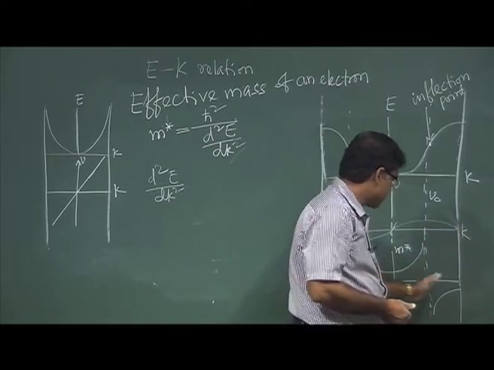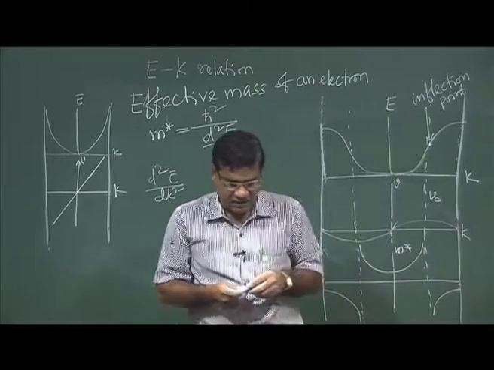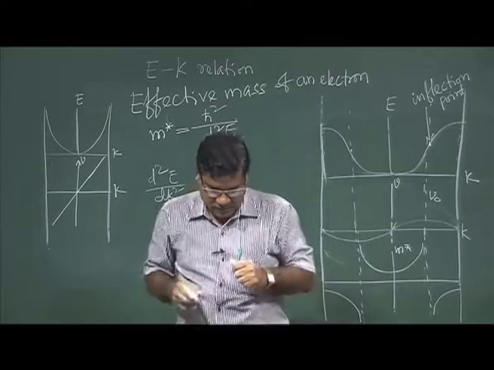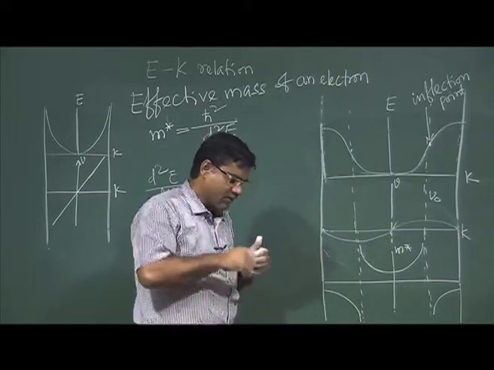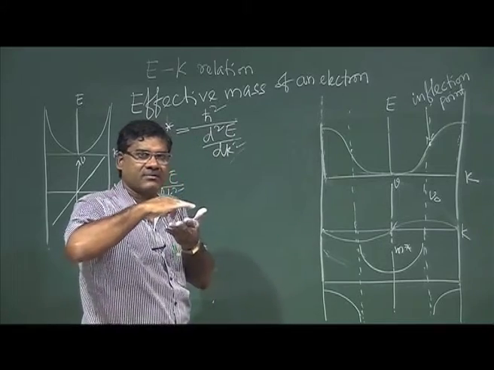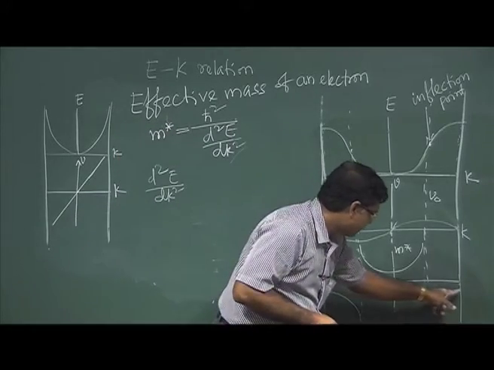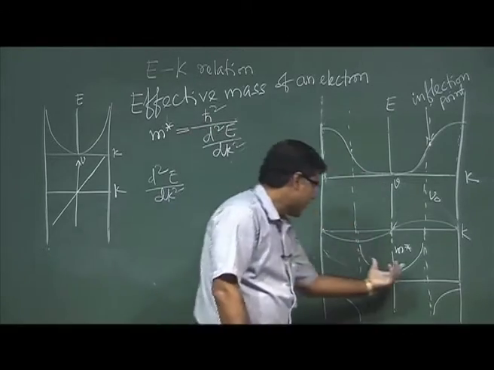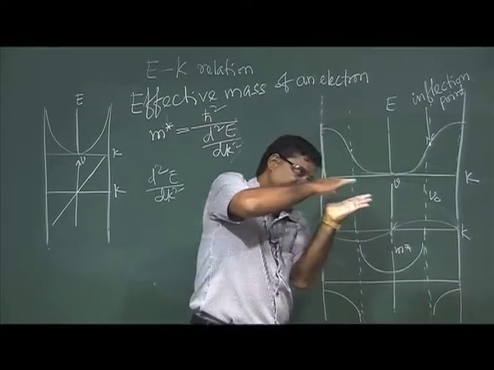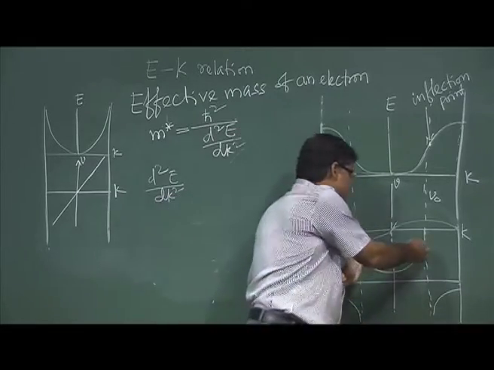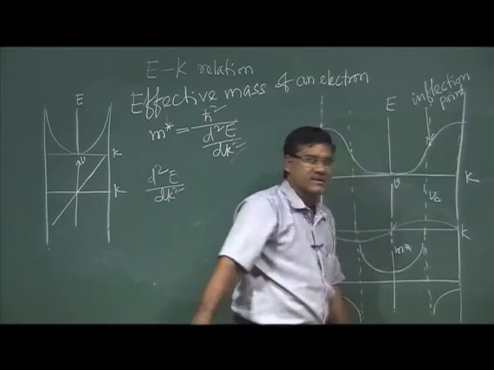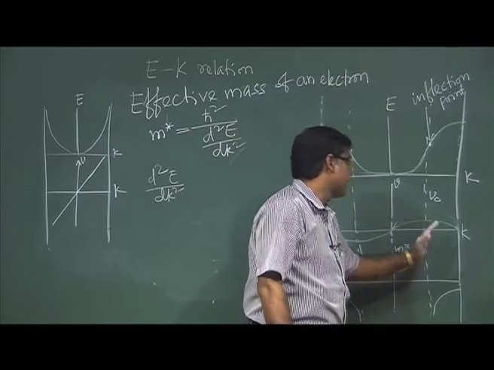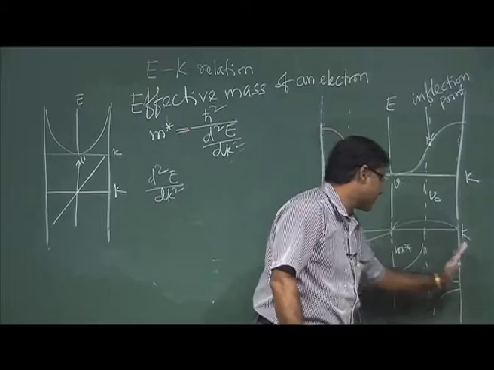At the edge of the Brillouin zone, or the top level energy levels of the band, this mass is negative, right. But in the middle of the band, this mass is positive. At the edge it is negative. So before the inflection point it is positive, and after the inflection point it is negative.